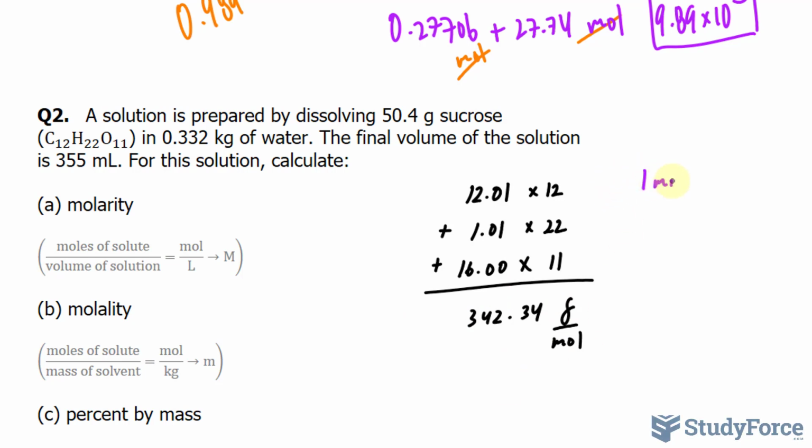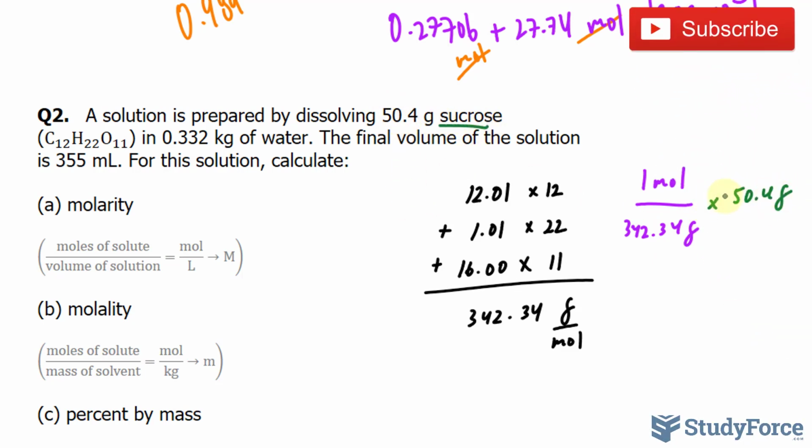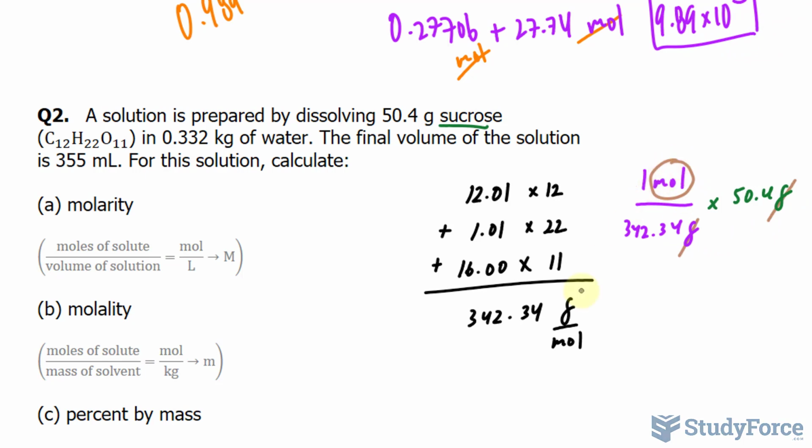Now to find the number of moles, I'll take the reciprocal of this ratio, so I'll have 1 mole at the top, and at the bottom I'll write down 342.34 grams, and I'll multiply this by the mass of sucrose, and that's provided in the question. Watch what happens when I multiply it by 50.4. This unit and this unit cancel out, leaving us with moles.